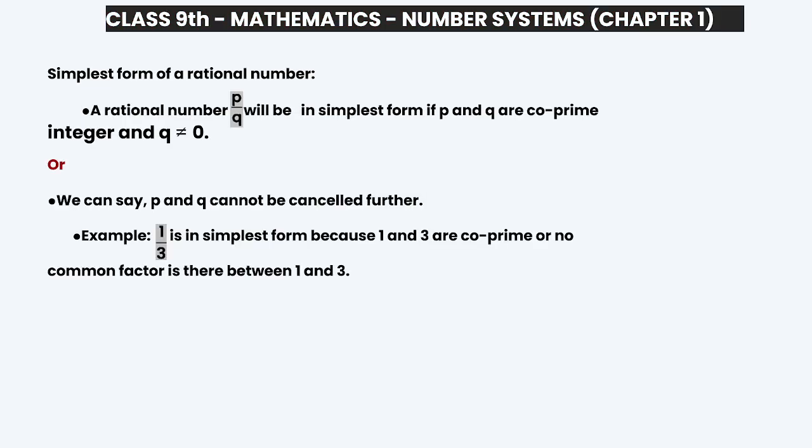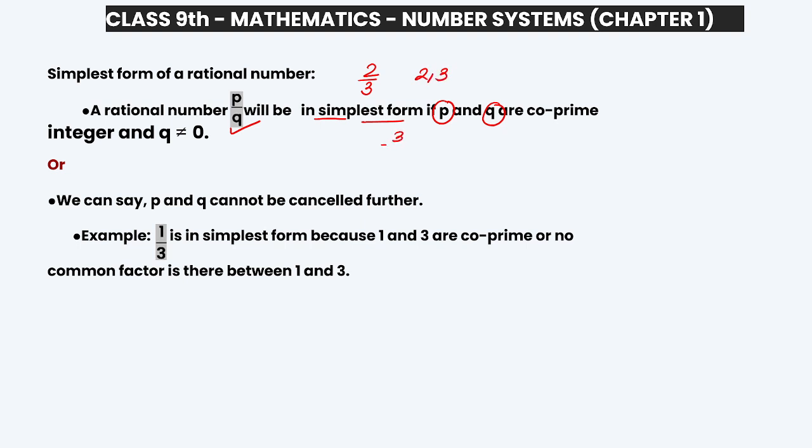Now next is the simplest form of a rational number. A rational number p by q will be in the simplest form if p and q are co-prime. What is the condition? If they are in simplest form, like 2 by 3, right? So 2 and 3 are co-prime.